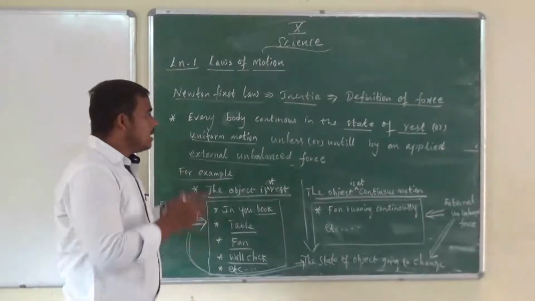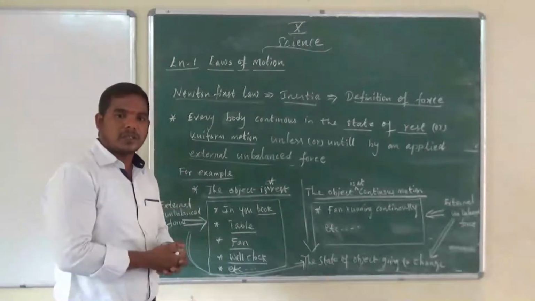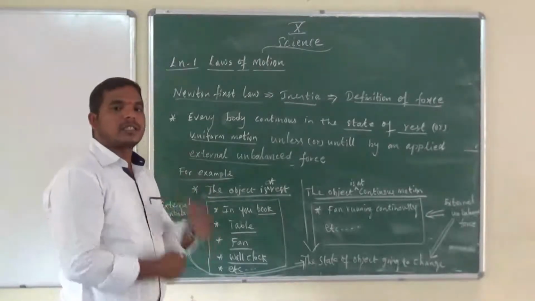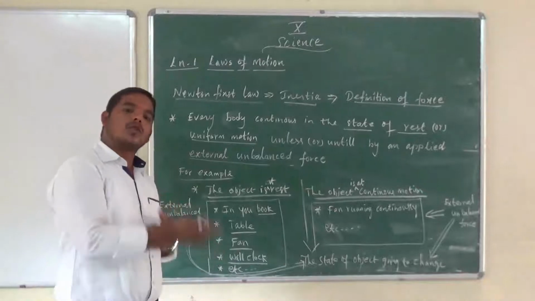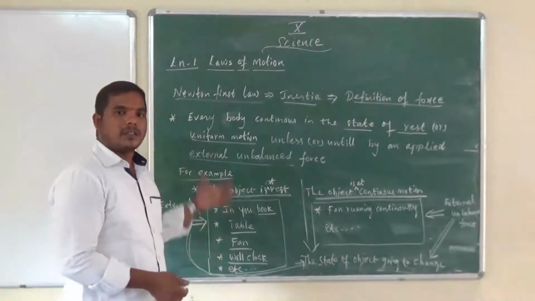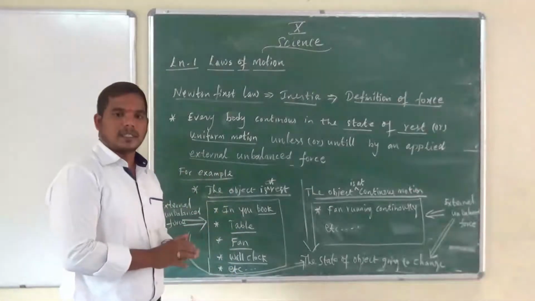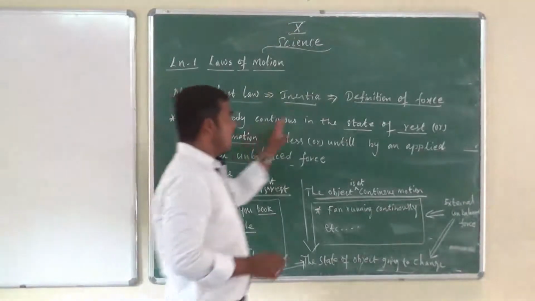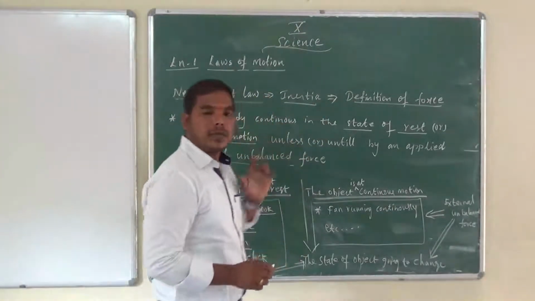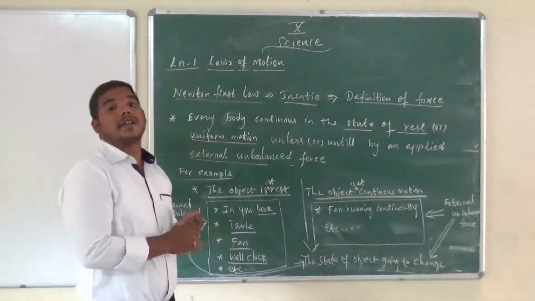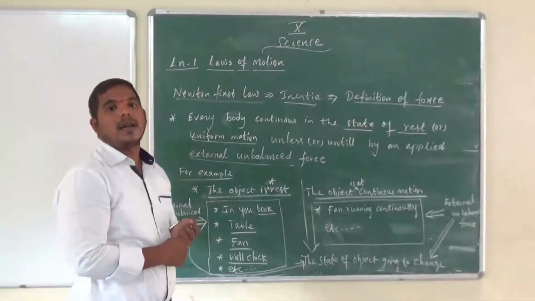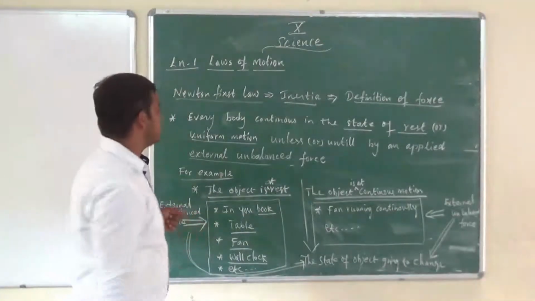If we apply it, the state will change: rest is converted into motion, motion is converted into rest. This is known as Newton's first law, or inertia. By studying Newton's first law, we can give the definition of force.